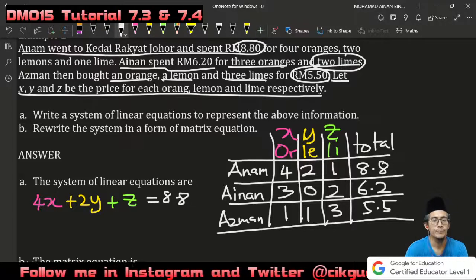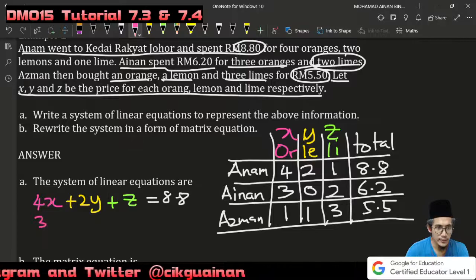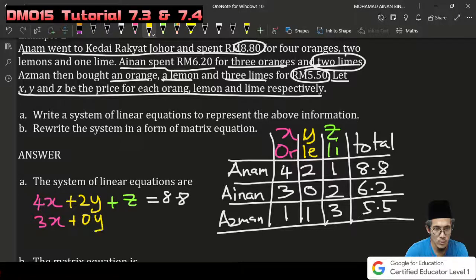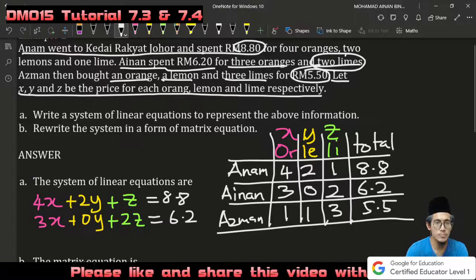Okay, next. Ainan: 3x, and then plus what? Plus 0y, okay, not writing it is fine. Plus 2z equals 6.2.